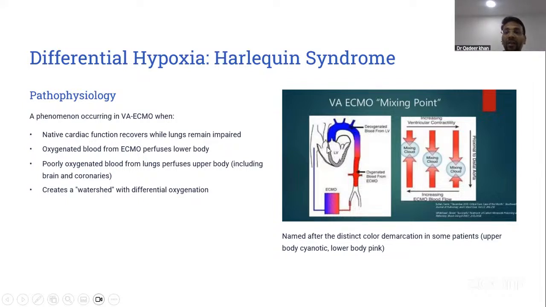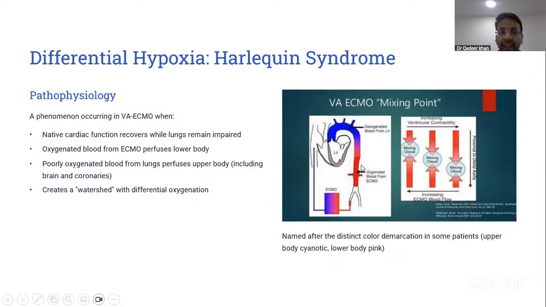If your heart function and lung function are both good, the upper body also receives oxygenated blood. The problem arises when your heart function is improving and your lung is not improved and cannot maintain oxygenation. Then the upper part of the body will receive deoxygenated blood, and the lower part of the body will receive oxygenated blood.